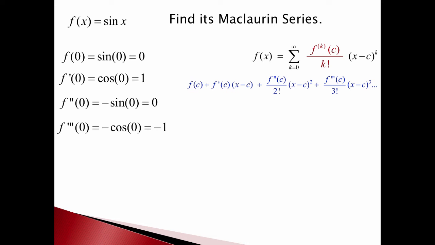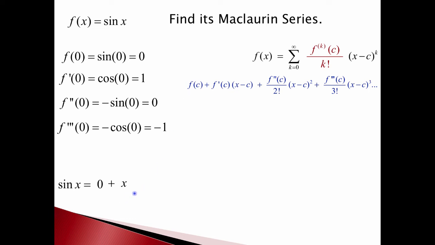So, same thing happens again that we did last time, right? We start writing out the terms. What is f of 0? Well, that's 0. What's f prime of 0 divided by 1 factorial? Well, f prime is 1, divided by 1 factorial is 1, times x to the 1 power.